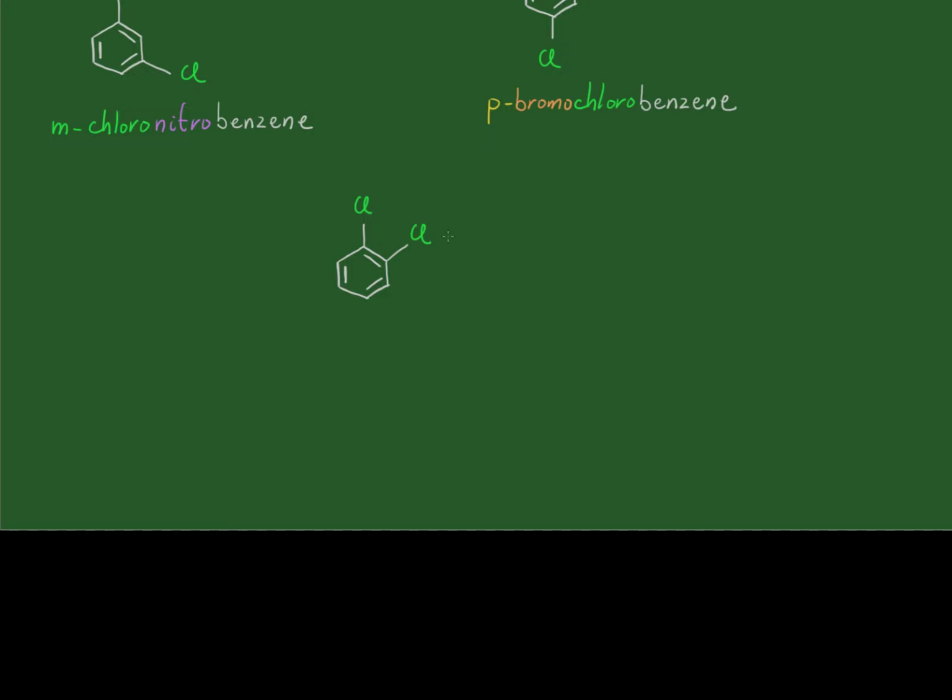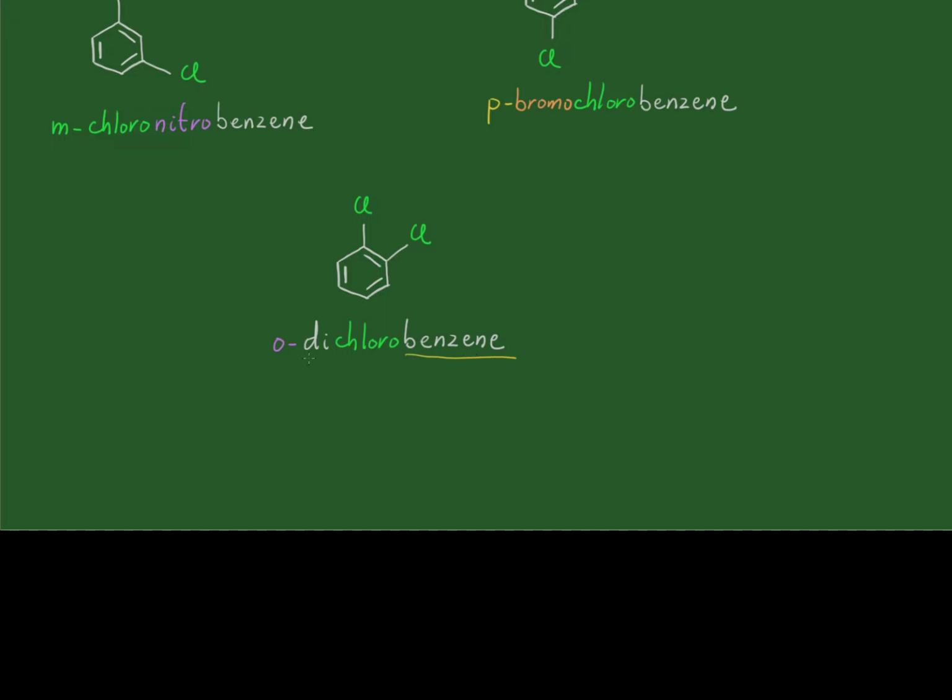So in this case, we have, what was I doing? That's right, I was naming this compound. So we have ortho, or O, and we still need to say dichlorobenzene. So the name is telling us that we have a benzene ring, that is the benzene part.